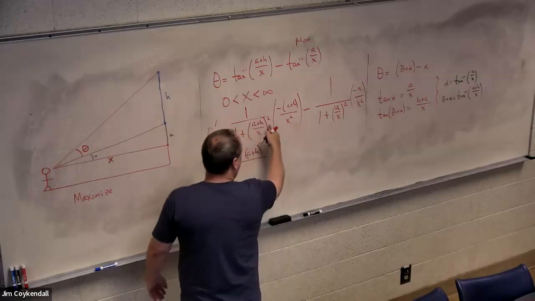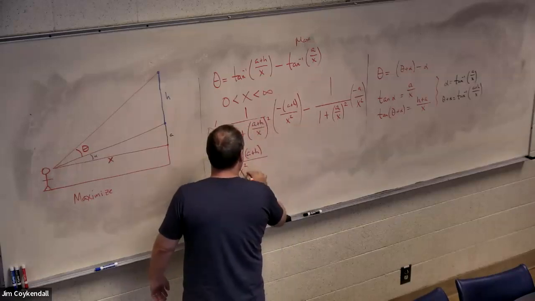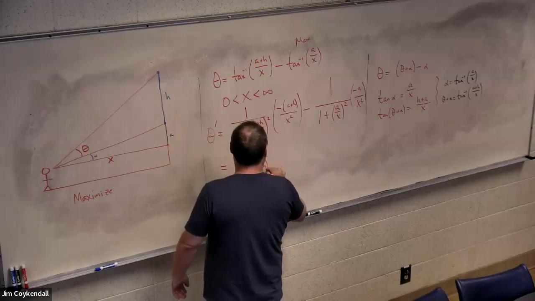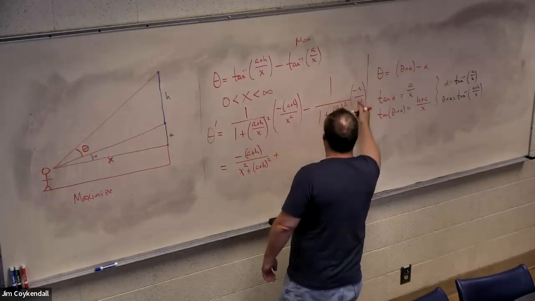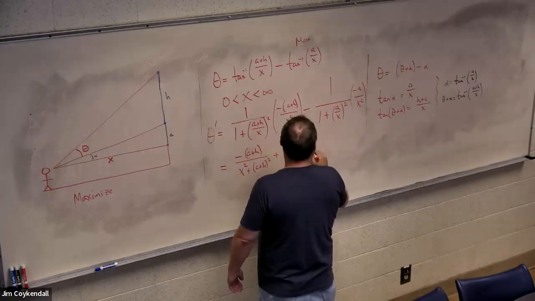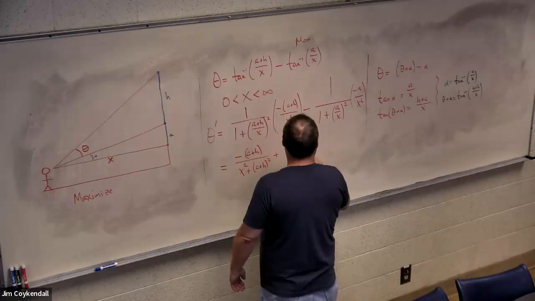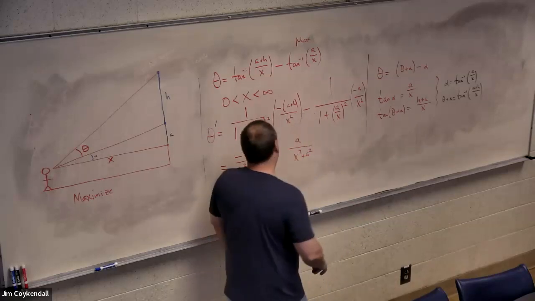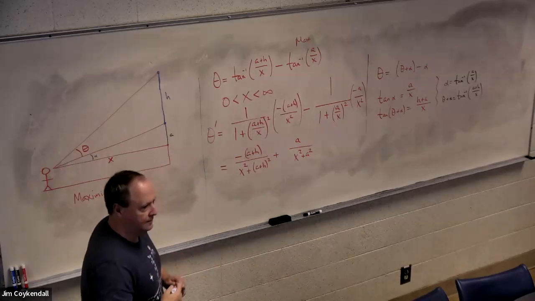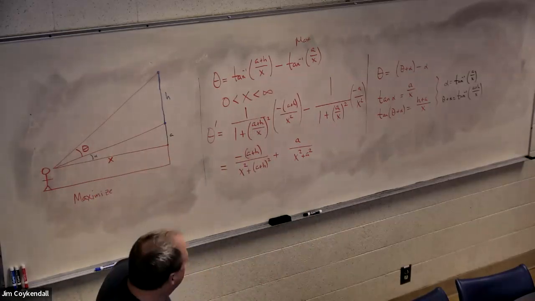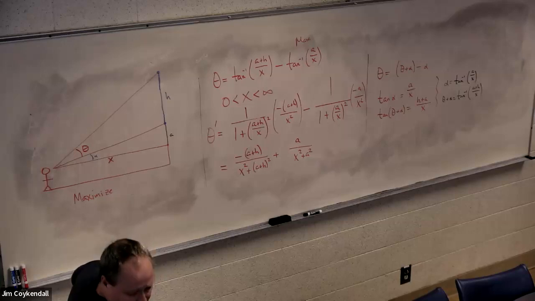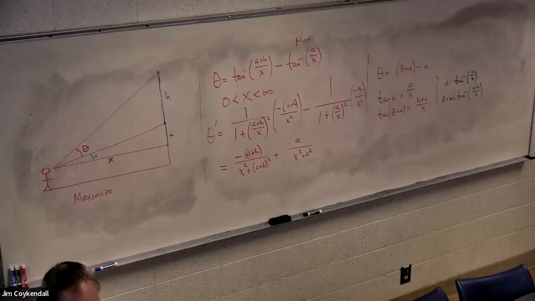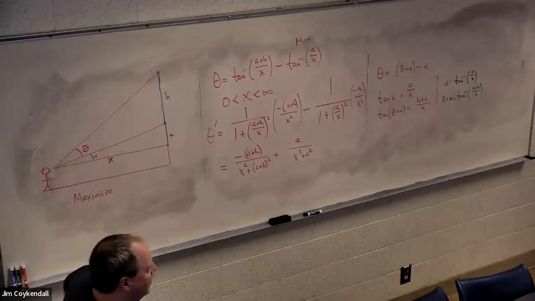X squared sweeps through here, turning this into x squared plus a plus h squared. The two minuses cancel here, and I get a over x squared plus a squared. Any questions?